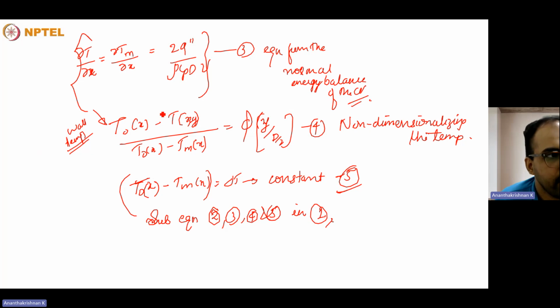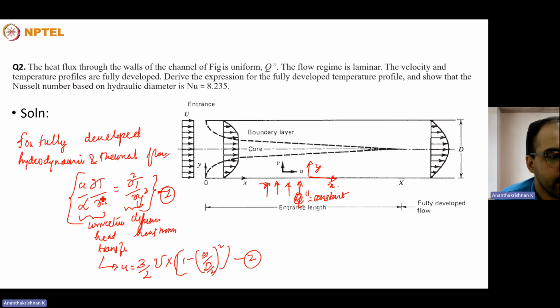Once you get the dou t by dou x, that can be assumed to be dou t m by dou x, and straight away you can write it in terms of the heat flux. So this particular term is kind of a constant, and when you substitute, you can write it in the form of the average velocity term. This left hand side term is kind of straightforward, but it's the right hand side term, the variation with respect to y, that matters most.